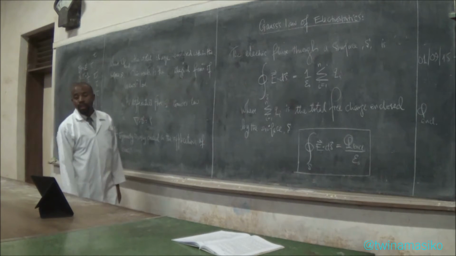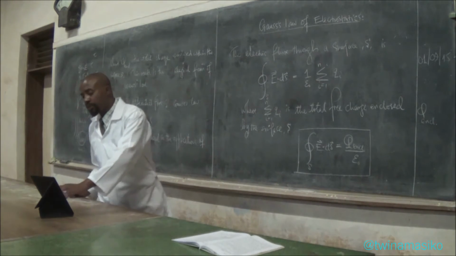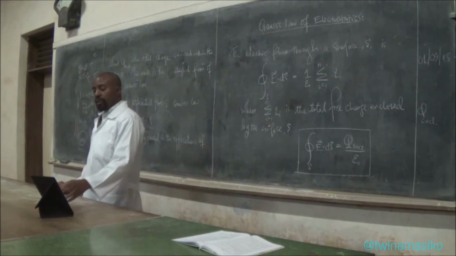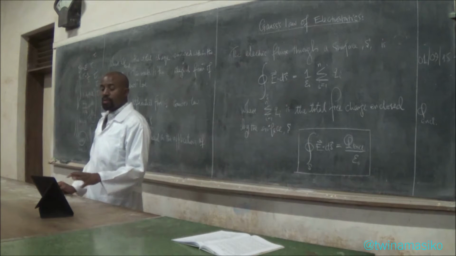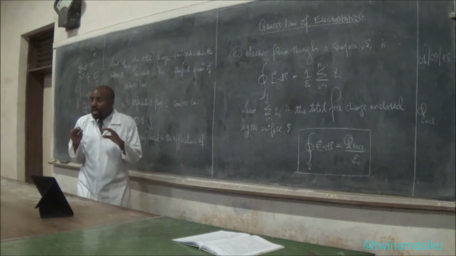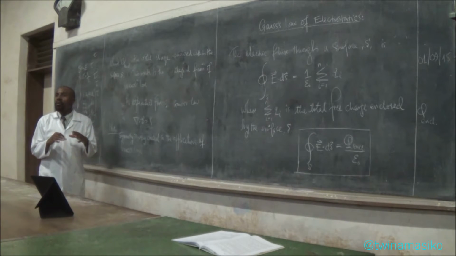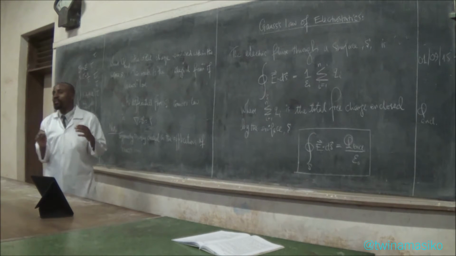The reason is that when we are trying to apply Gauss's law, we try as much as possible to create another fictitious or virtual surface.